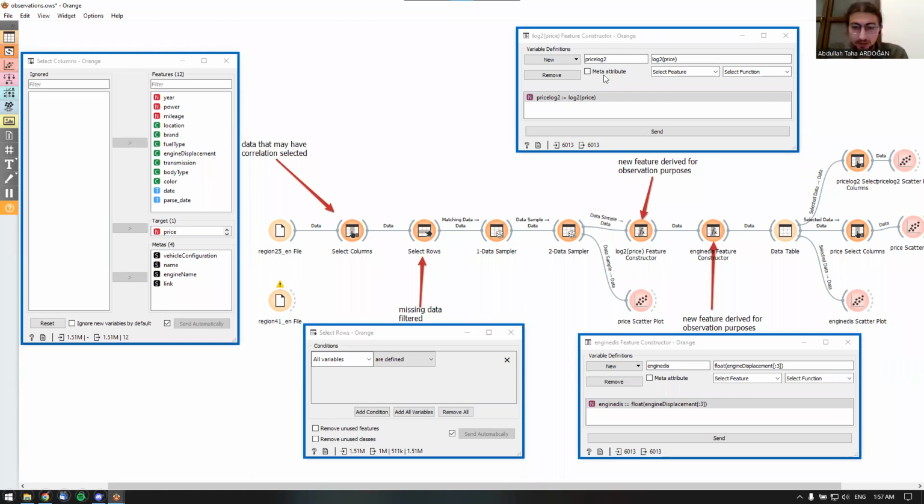So we derived that feature and assigned it as the target here. And engine displacement was categorical data because it has text. We filtered the text and turned it into a float, and we use engine displacement as a float.